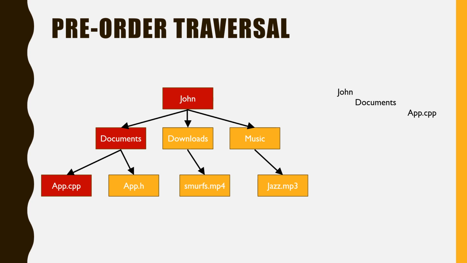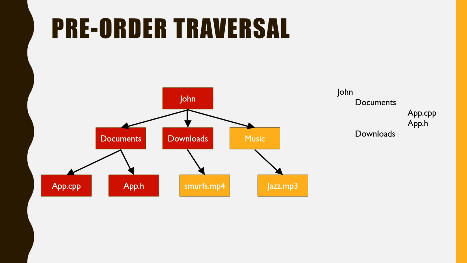Therefore, we return to Documents to visit any remaining unvisited children. Next, we visit app.h and output the information. After visiting app.h, we have completed visiting all the children of Documents. Now, we return to John and visit any remaining unvisited children.